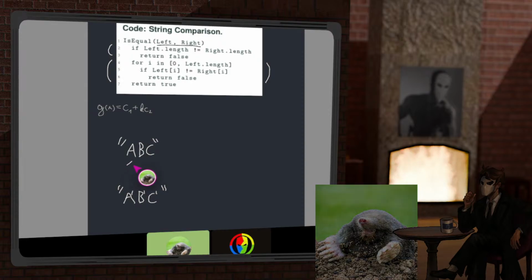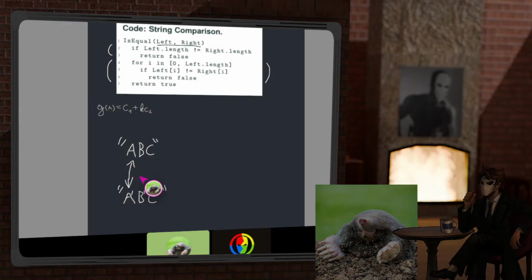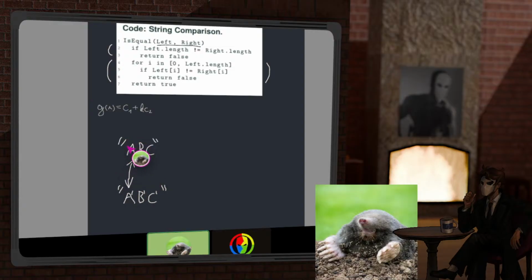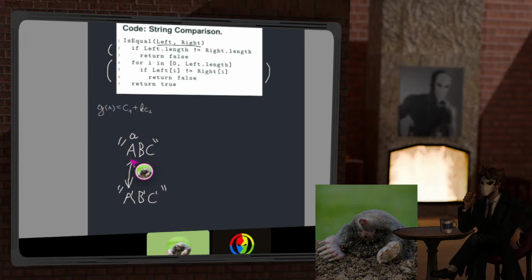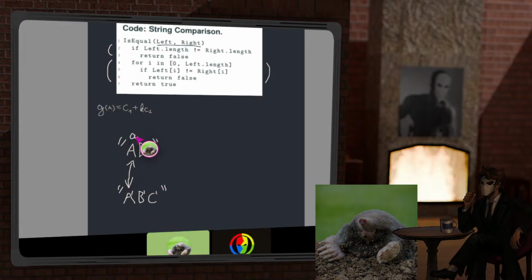Now, what is the chance of these 2 characters being the same? If we knew, for example, that this was the character A, we know that there is a 1 in 26 chance of this character also being A, because every character in the alphabet is as likely as any other.